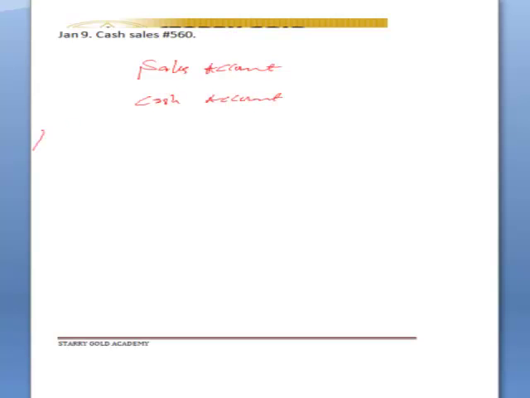Required action: as I said earlier on, cash account is always a given, sales account is always a given account. So our required action will be to credit sales account and debit cash account, which receives the money.